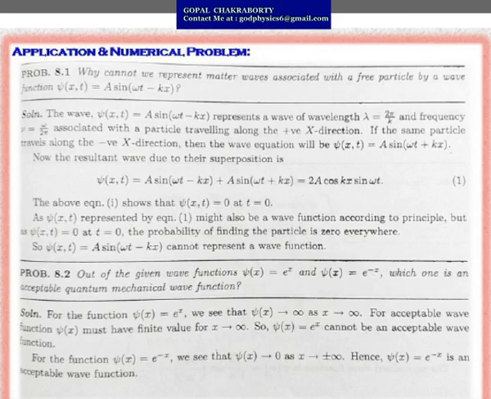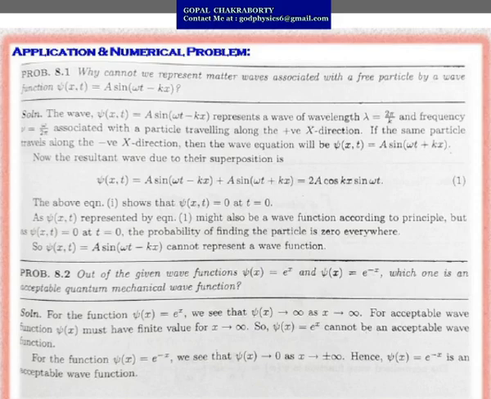Second one: out of the given wave functions, psi equals e to the power x and psi equals e to the power minus x, which one is an acceptable quantum mechanical wave function? For psi equals e to the power x, if x tends to infinity, psi tends to infinity.